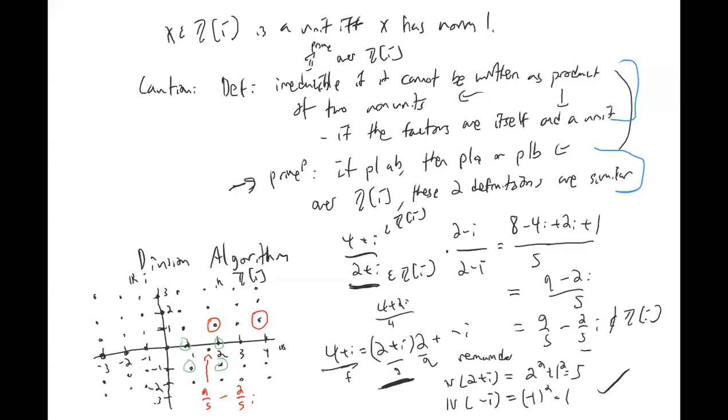Here's an interesting thing. If you recall, 2 is not a prime here, right? Because 2 is 1 plus i times 1 minus i. Agree? So 2 is not a prime in this case. Let me tell you something.